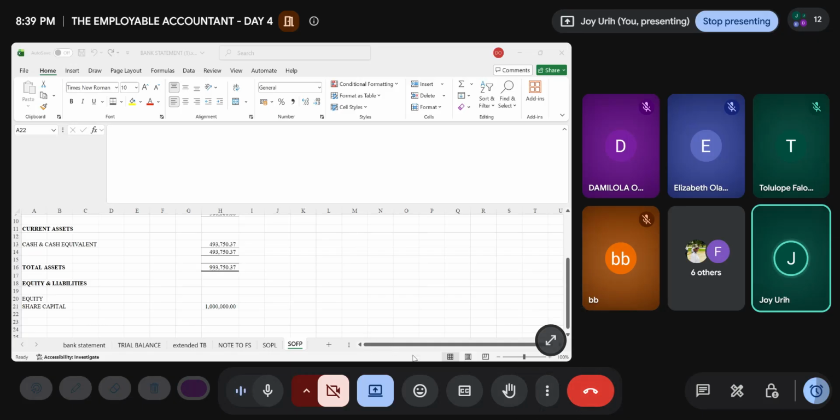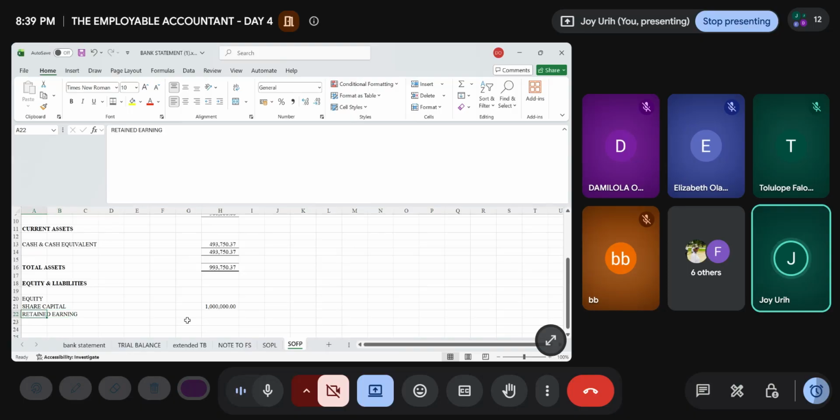So retained earnings, since this is the first year of the company, our retained earnings is simply our net loss for the year. So this is the reason why I said the first statement you are to prepare is your statement of profit or loss.